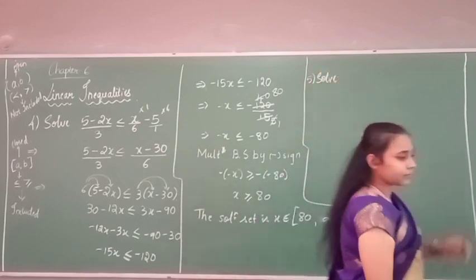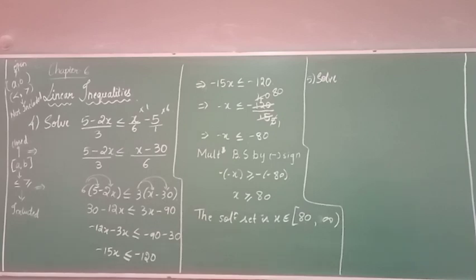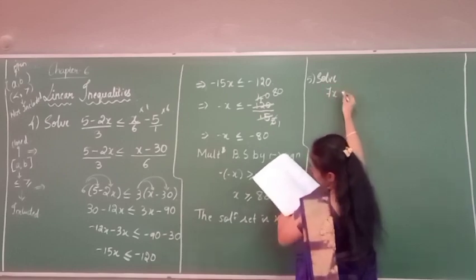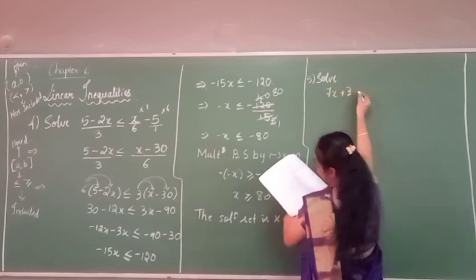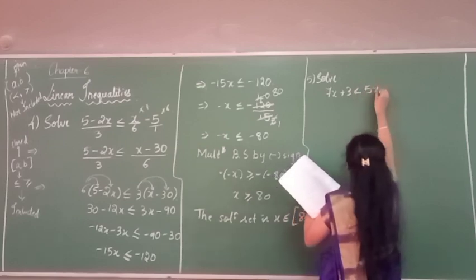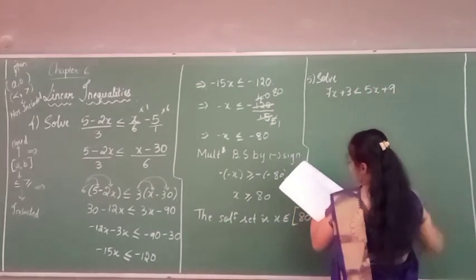Fifth one. Solve 7x plus 3 is less than 5x plus 9.